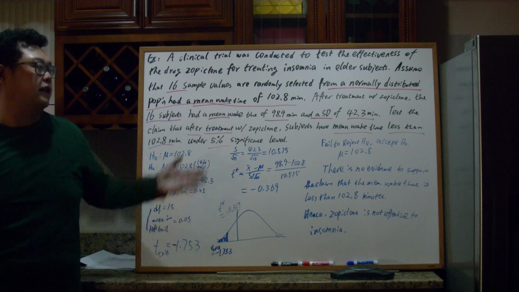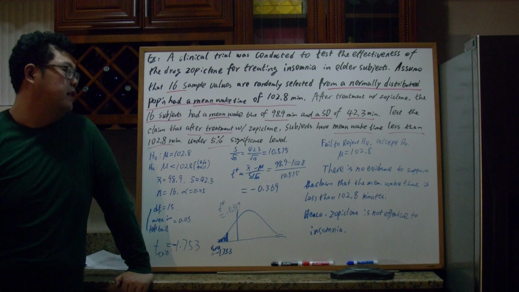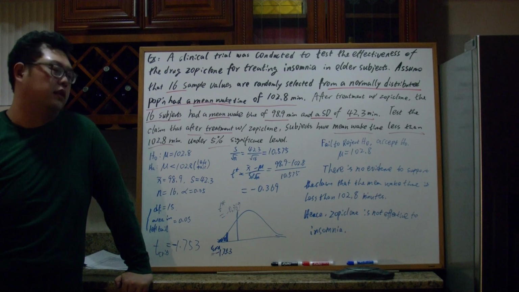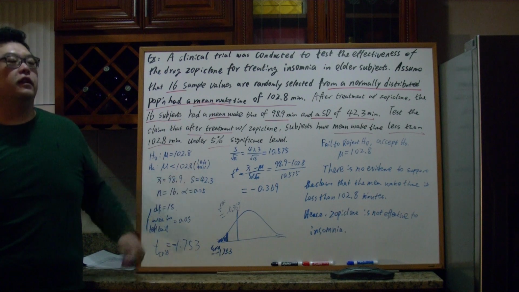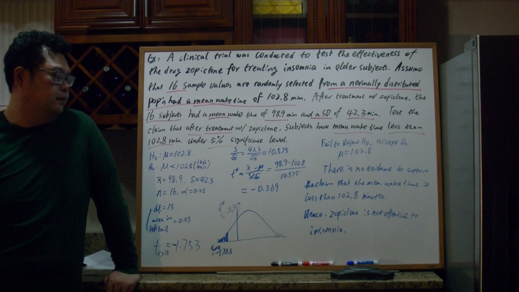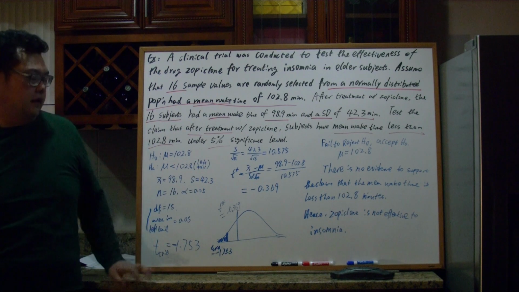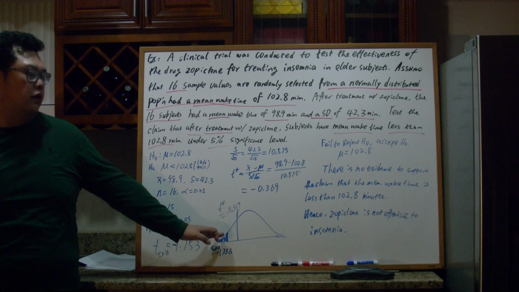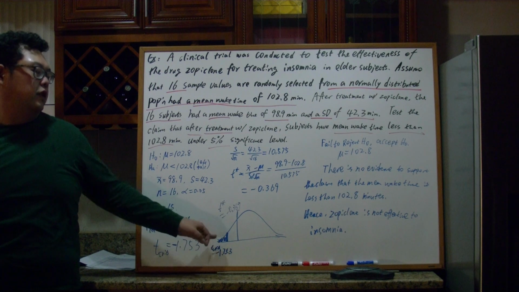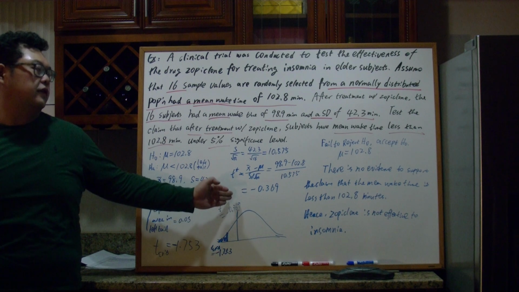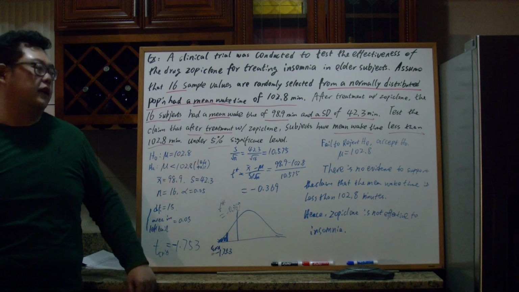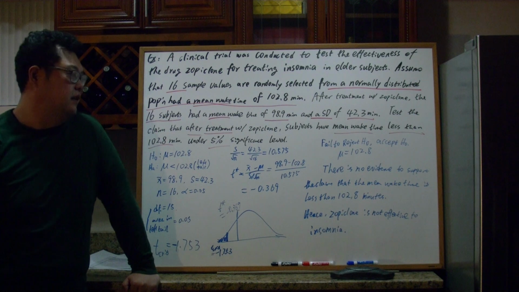If the standard deviation of the population is not given but we know the sample standard deviation, then we can use the t-test. Finding the critical value, we use the traditional method with the critical region or rejection region: critical value falls out means fail to reject, falls in means reject the null hypothesis.